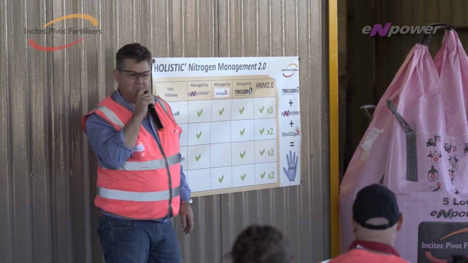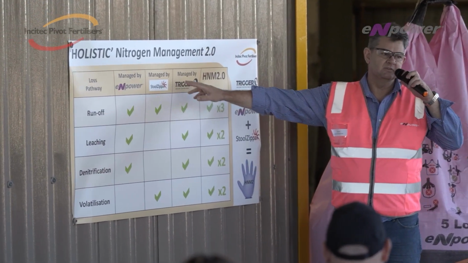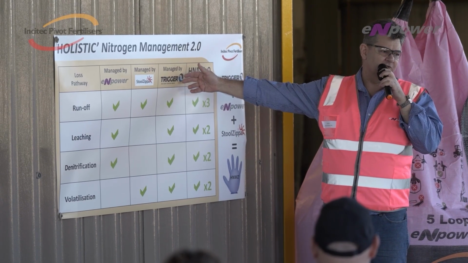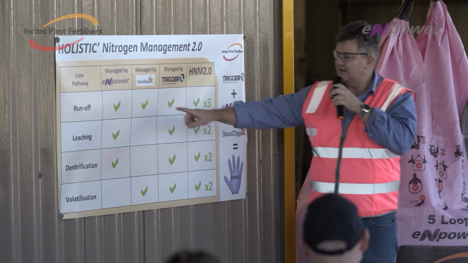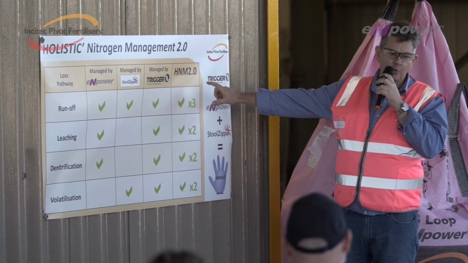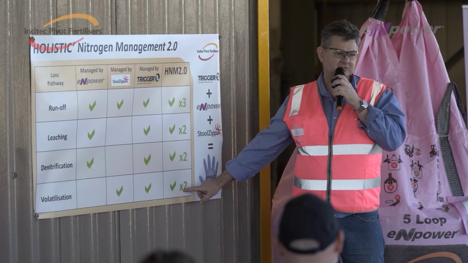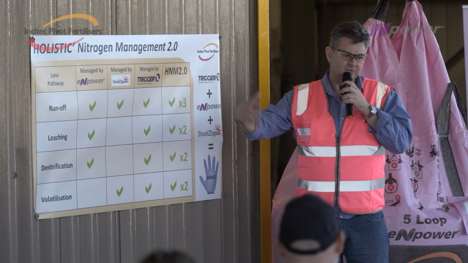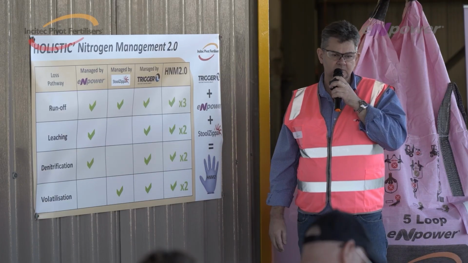We've got a mechanical implement as a second, and they're the stool zippers or similar. And then we've got something new for us, which is a granular humate. Each one of those, if it does the loss pathway, has a green tick. And importantly, we've got 4 loss pathways, but we end up with 9 ticks. So as many different mechanisms as possible, keeping as much of that nitrogen in the soil for as long as possible.